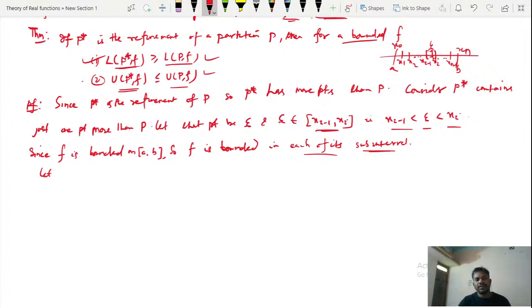Similarly we can prove the other one, but now I am going to prove the lower Darboux sum inequality, L(P star, f) is greater than or equal to L(P, f). Let small w1, small w2 and small mi be the infimum of f on the subintervals.